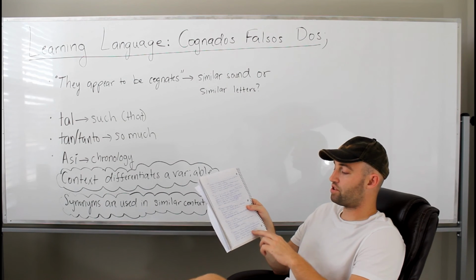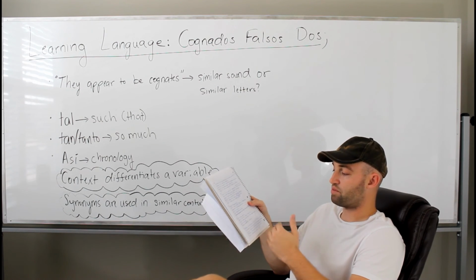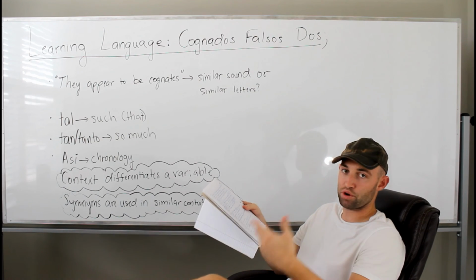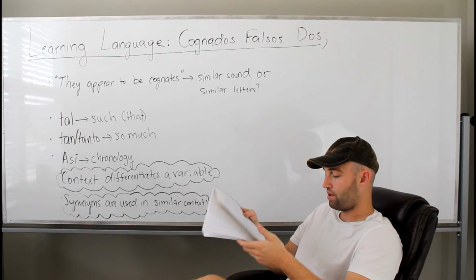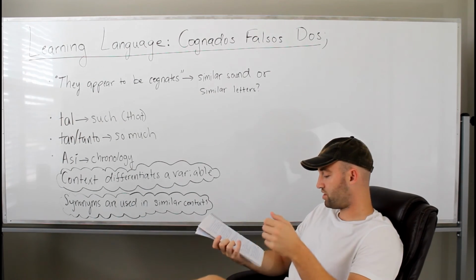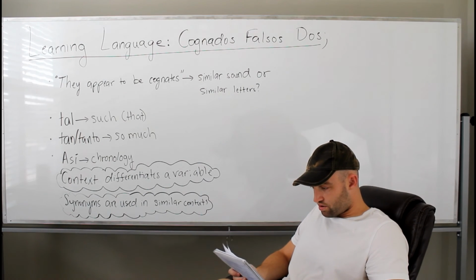So whenever you start using these words more, you're going to be more likely to say desgracia, right? Vergüenza would be more specific, again, shame, humiliation, emotion. Whereas desgracia would be general misfortune or mishap. So again, more specificity.